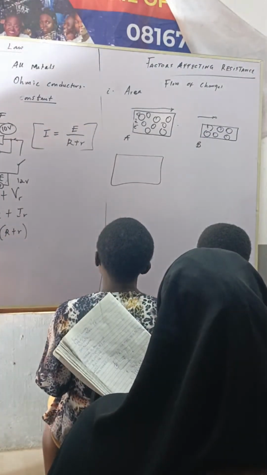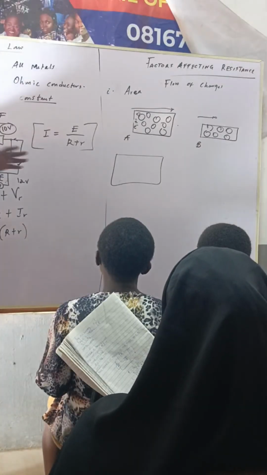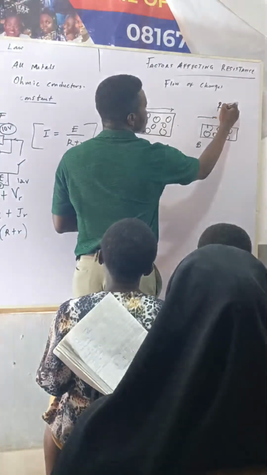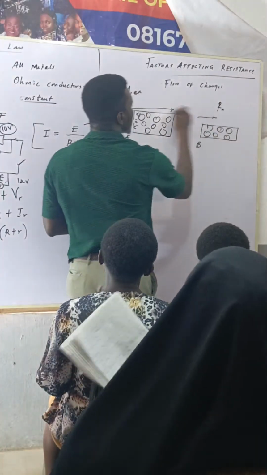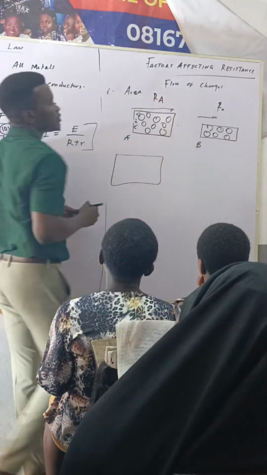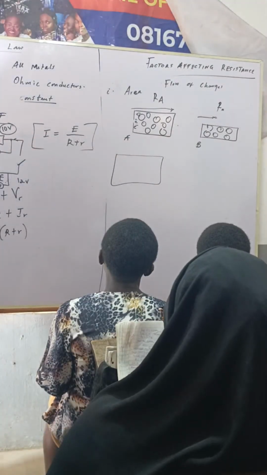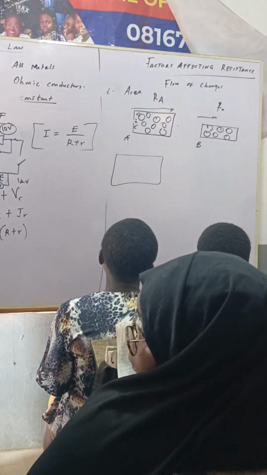These are my resistors now. This resistor is made with a smaller area. This resistor is made with a bigger area. So which one do you think allows current to flow, allows electrons to move easily?